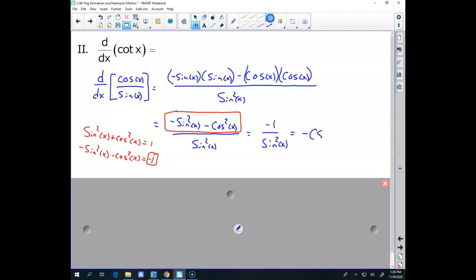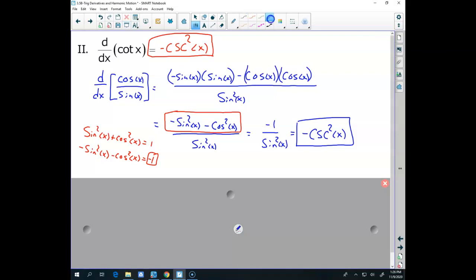It's a negative cosecant squared x. That is my preferred form for the derivative of cotangent, negative cosecant squared x. And I say preferred form because wouldn't you rather look at a cotangent and say the derivative is negative cosecant squared than go through all of this identity business?